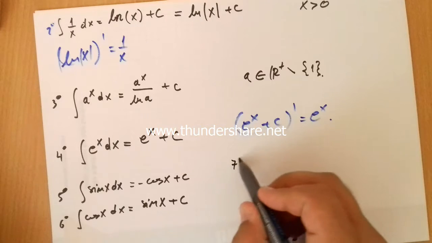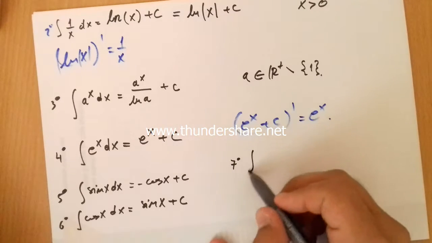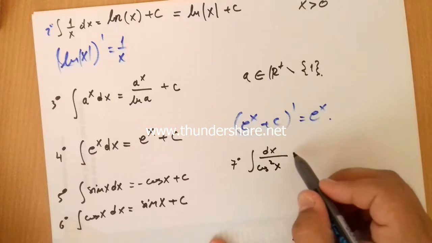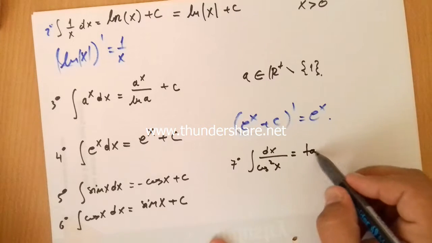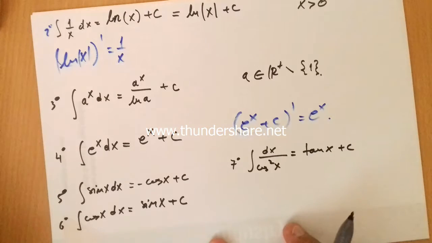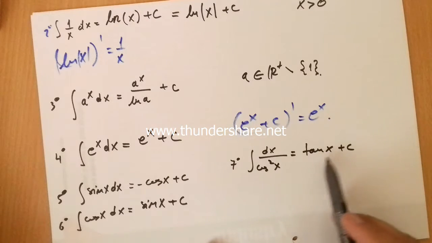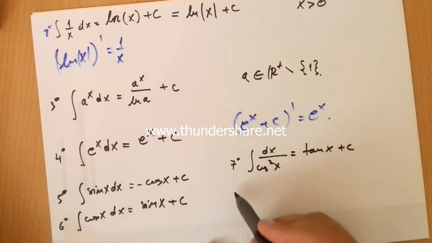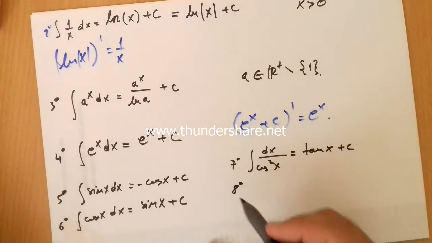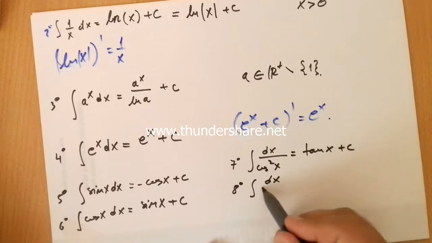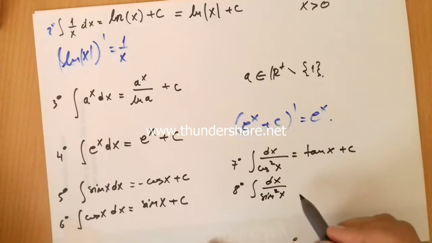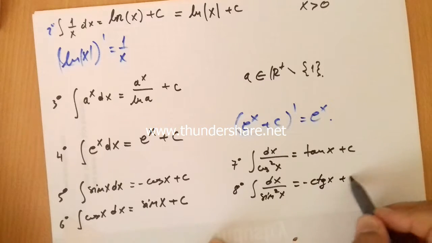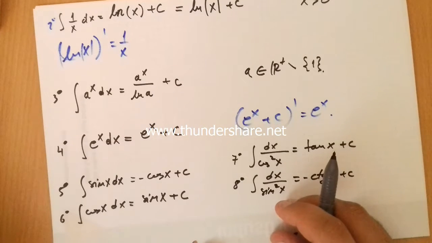The seventh one is the integral of dx divided by cosine squared of x, which is the tangent of x plus c, because when we take the derivative of tangent, it would be 1 divided by cosine squared x. The eighth one is dx over sine squared x, which is minus cotangent of x plus c.